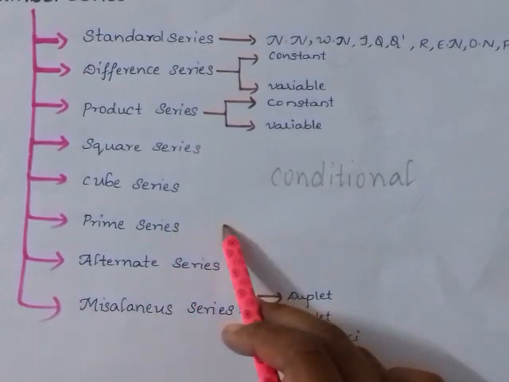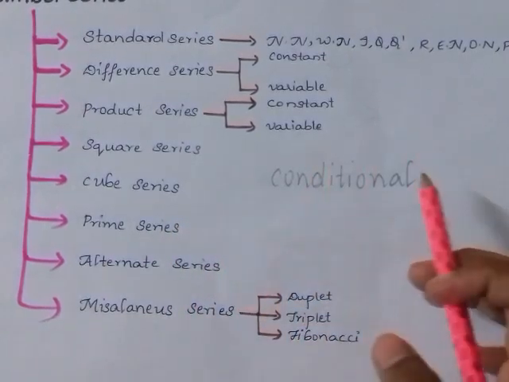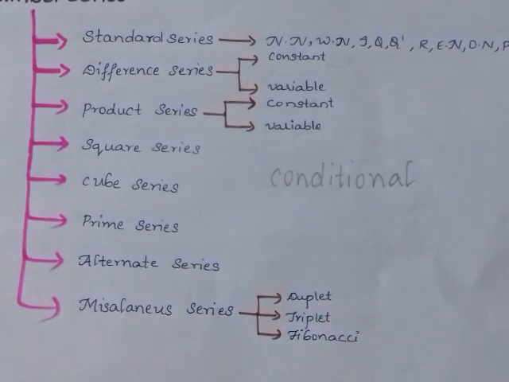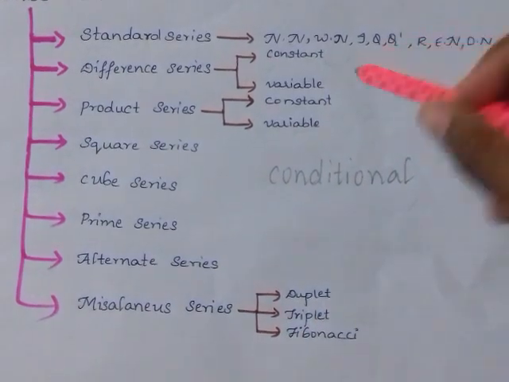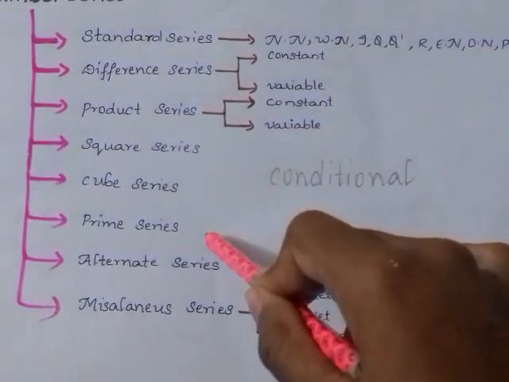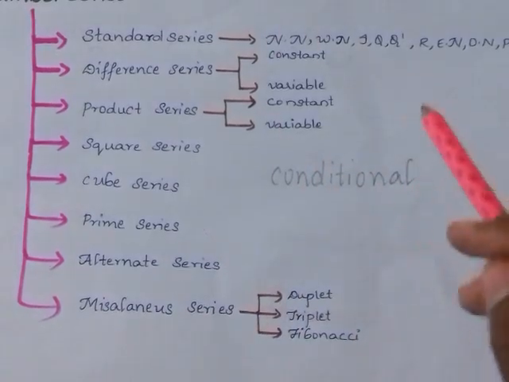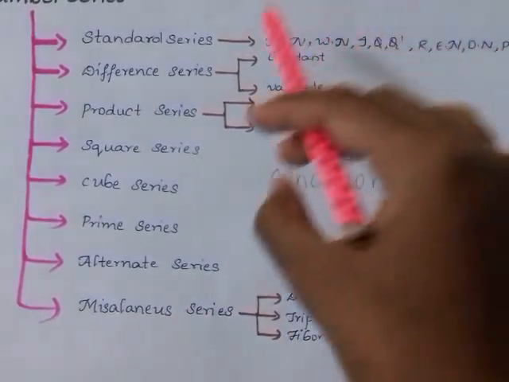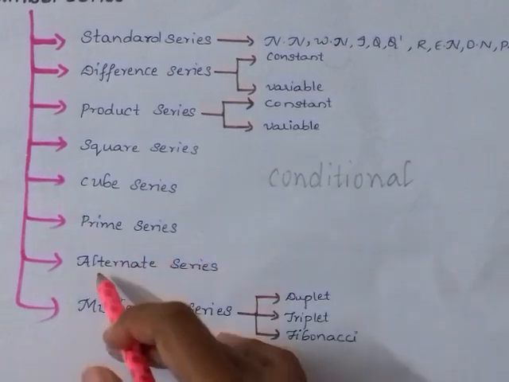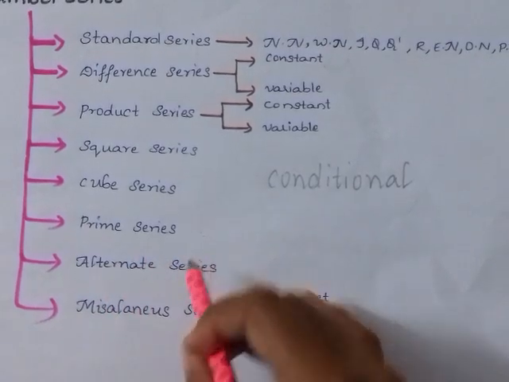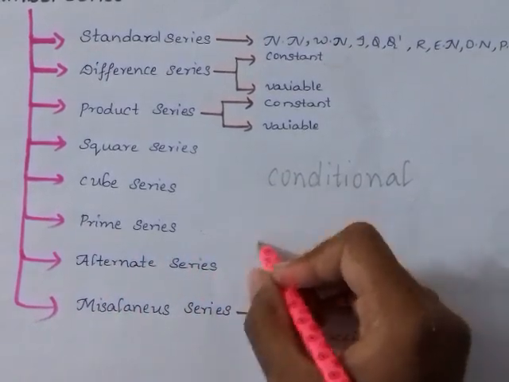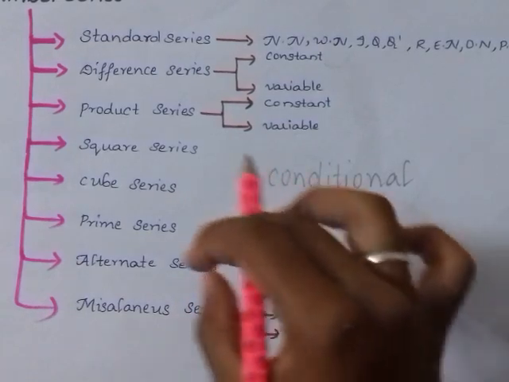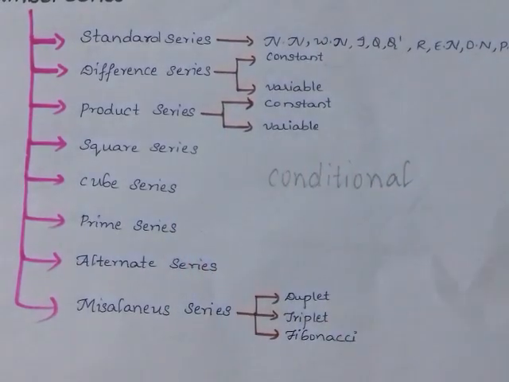Prime series, the series of prime numbers are called prime series, but they are a special case because most of us won't consider prime series in standard series. Alternate series are the series whose alternate numbers in the complete series form a separate series.